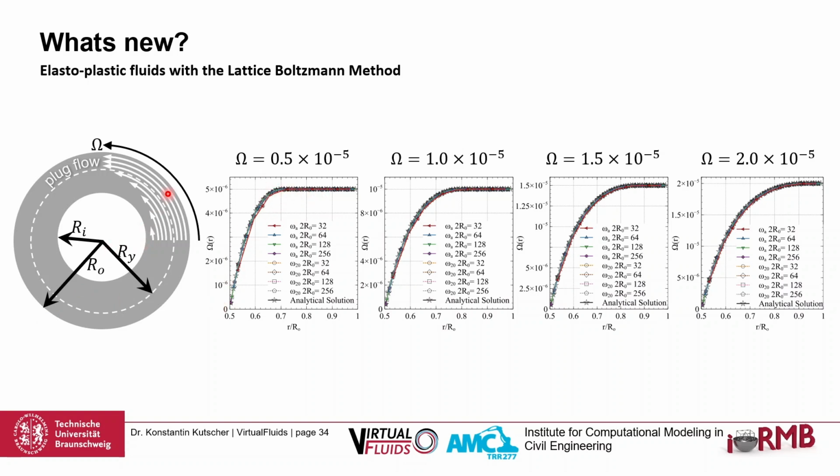You can see that close to the outer cylinder it is like a solid, then we have constant angular velocity. We compare this to the analytical solution, and it is a pretty good match.